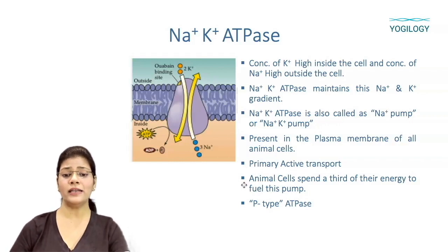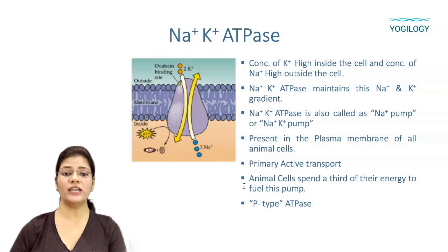And in electrically active nerve cells, this pump consumes even more energy, as nerve cells repeatedly gain small amounts of sodium ion and lose small amounts of potassium ions during propagation of nerve impulses.